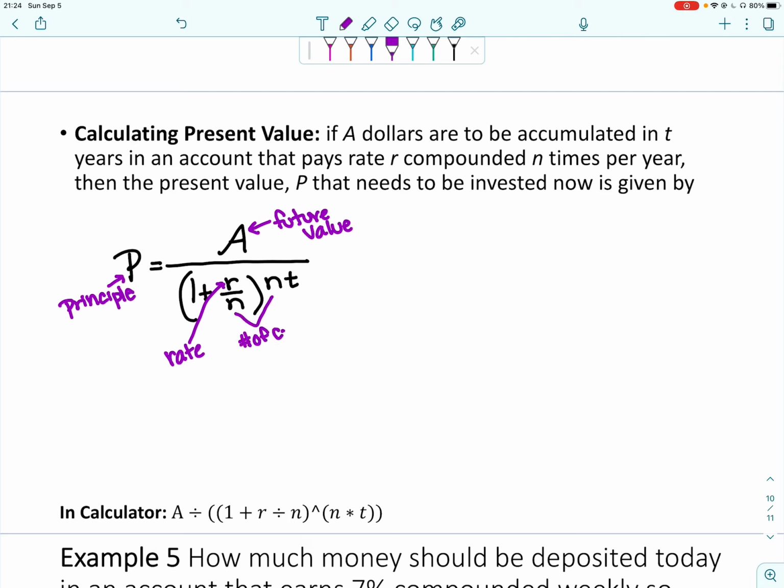N is the number of compoundings per year. And T is the time in years. And again, there's a calculator instruction on there as well.